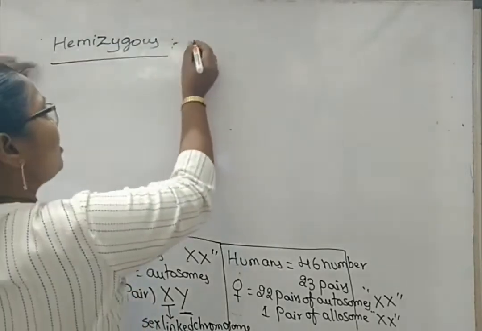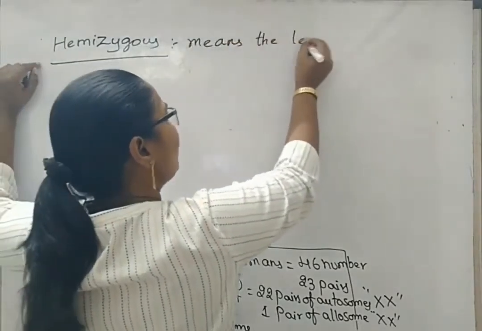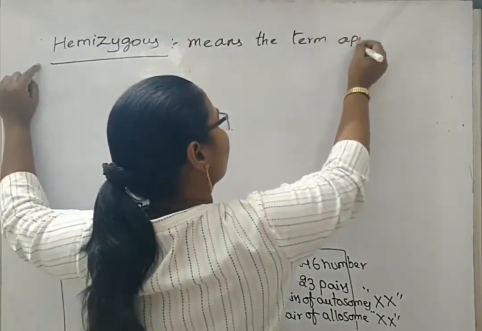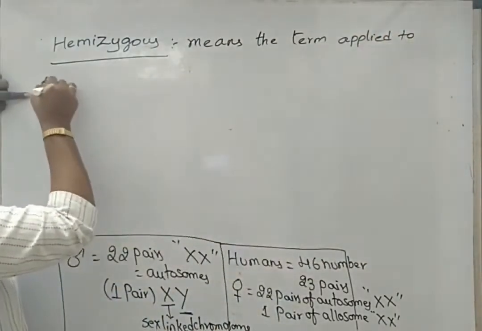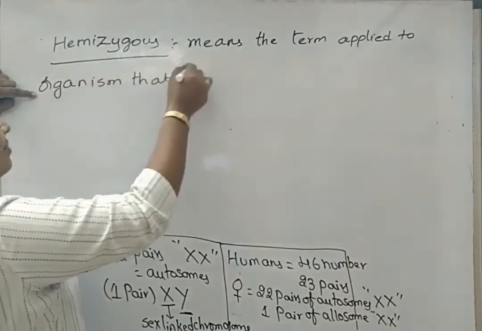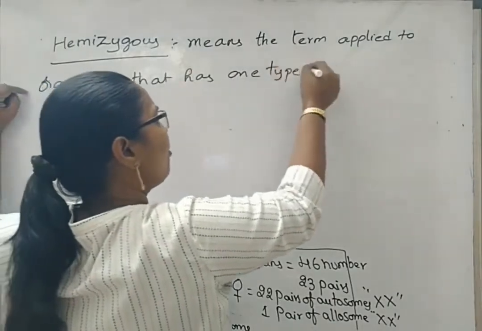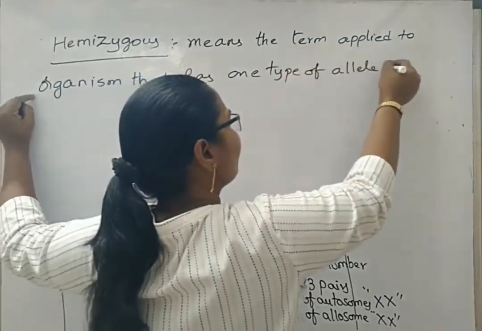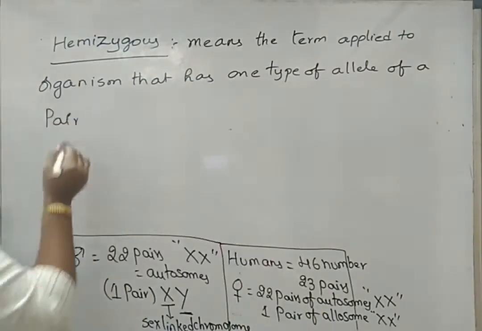So we will write: hemizygous means the term applied to an organism that has one type of allele of a pair. What is that pair?